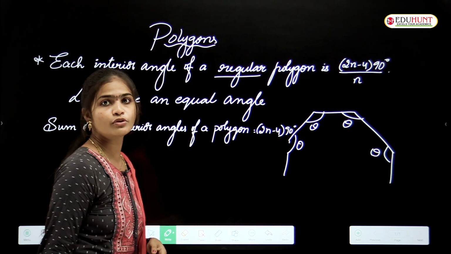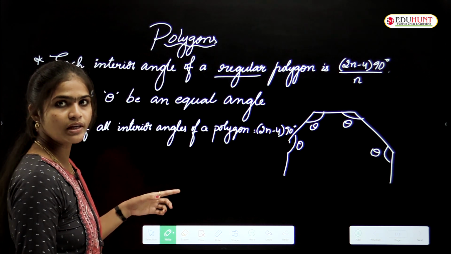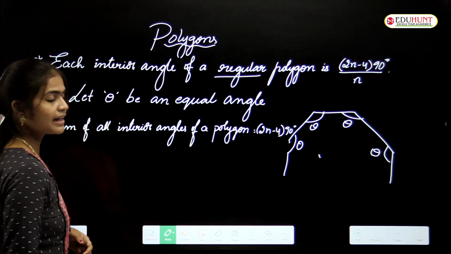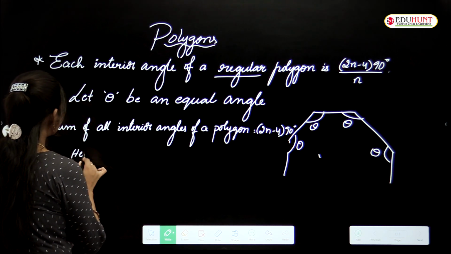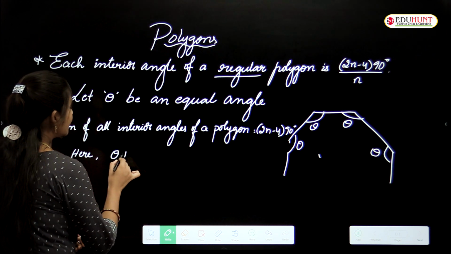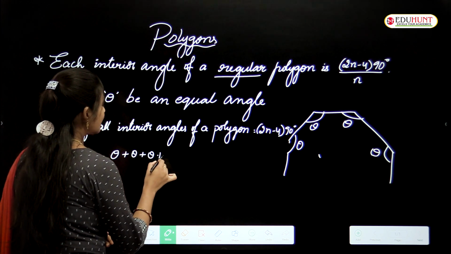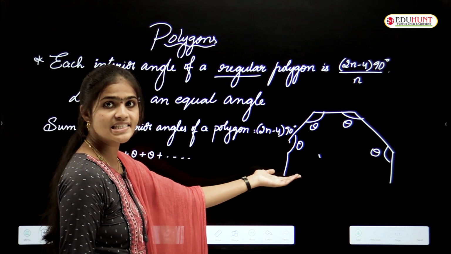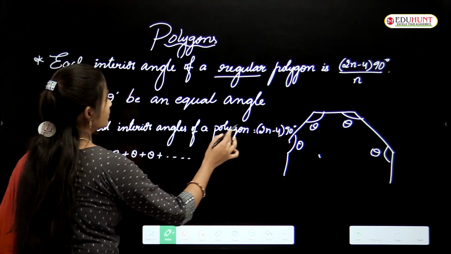That is the formula to find the sum of all interior angles of a polygon, right? Now in this figure, what are all the interior angles? From the figure, theta plus theta plus theta plus and so on. Why? Because I am not saying how many sides this figure has. It is just an n-gon.